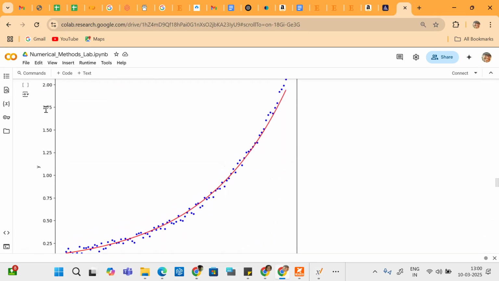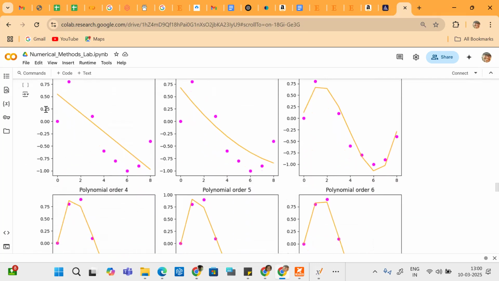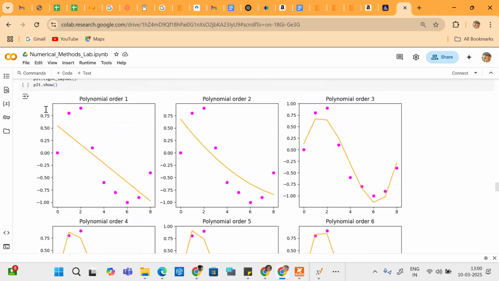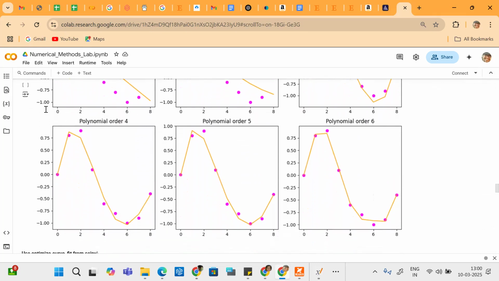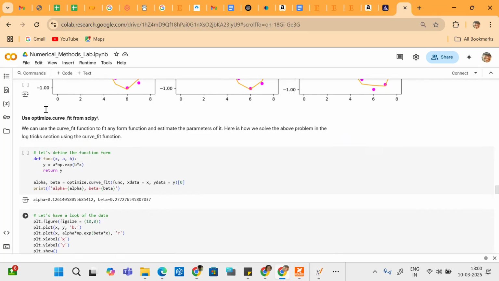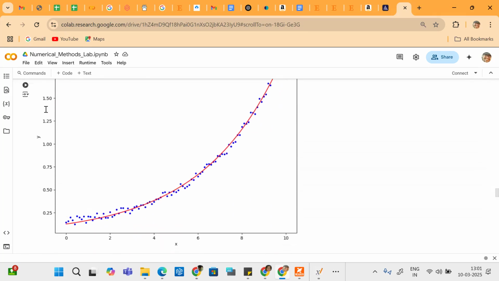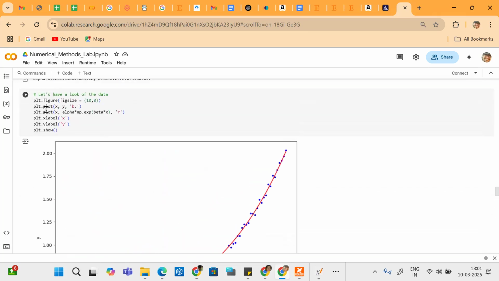Then we will see some polynomial regression, and I will show you how we can use different orders of polynomials to fit the data, and how we can use the optimize.curve_fit function from SciPy to fit. Actually, you will get the same result. That is it. With that, maybe next class we can start.